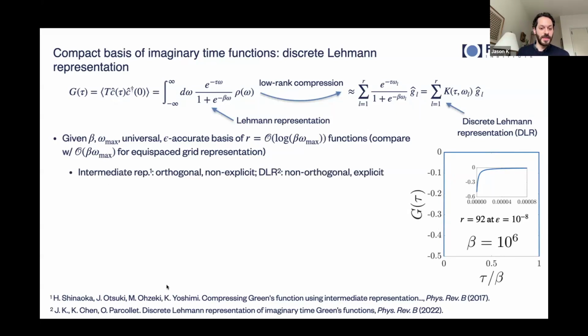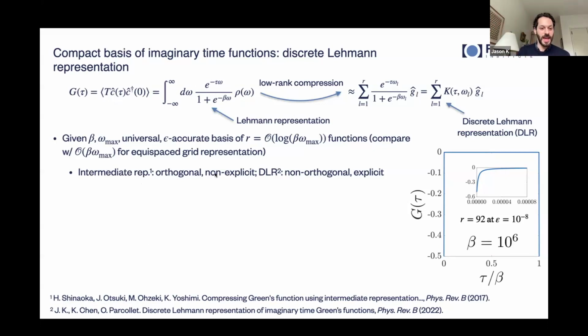This was based on, or an extension in some way of, earlier technology introduced by Hiroshi Shinaoka and his co-authors called the intermediate representation, or IR. If you've heard of that, basically they compress this kernel using the SVD, and that means they take as their basis of Green's functions the left singular vectors of this kernel, whereas we take as our basis selected columns of the kernel.